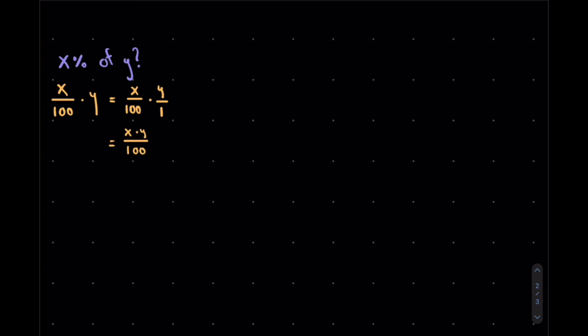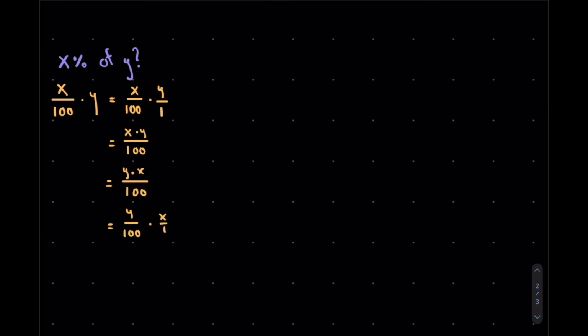Now, by the commutative property, we could write that this is equal to y times x over 100, just switching the spots of y and x. And now, the same way that we brought the two fractions together, we're going to split them back up. This is equal to y over 100 times x over 1.